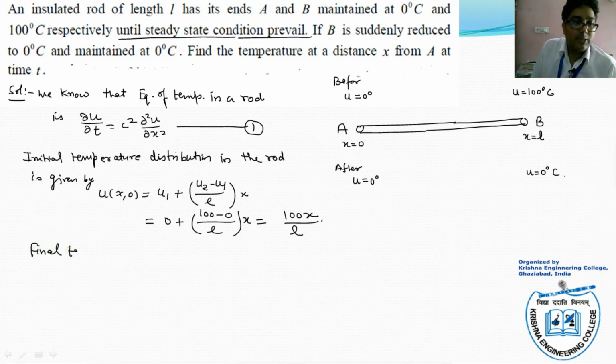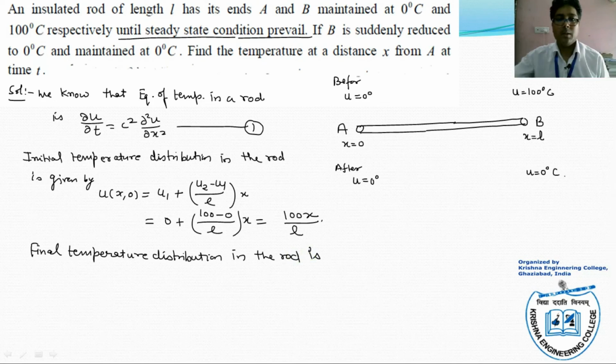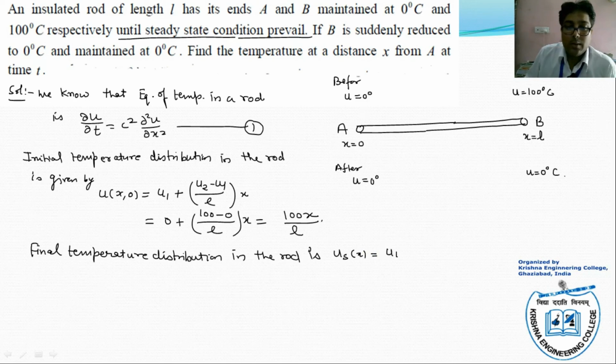Final temperature distribution in the rod, using the after values of u1 and u2, is u(x) = u1 + ((u2 - u1)/L) into x.